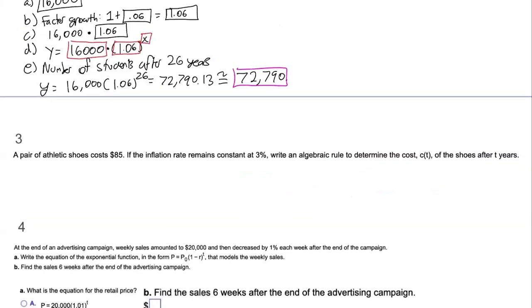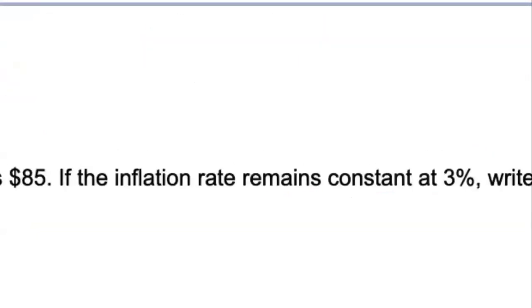For number 3, it says a pair of athletic shoes costs $85. If the inflation rate remains constant at 3%, write an algebraic rule to determine the cost, C of T, of the shoes after T years. So inflation. When you hear inflation, do you think stuff costs more or costs less? More, right?